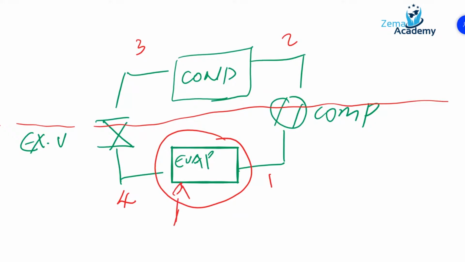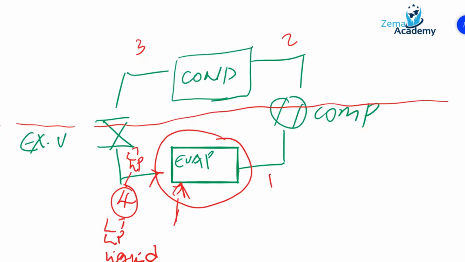It takes air, and inside the four components we have a refrigerant, which is constantly changing its phase from liquid to gas, gas to liquid. So inside the evaporator, at point number 4, what we start with is a low temperature and low pressure liquid, and that is what's going into the evaporator.